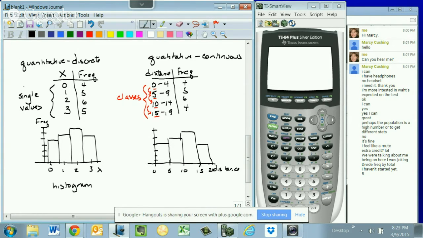Put 20 here. So the way you would read this, you would say there are 4 values from 0 up to but not including 5. This is one way to do it. Other books will show you different ways, but this is the way that your book is showing. Do you have any questions about that? So again, these are lower class limits.